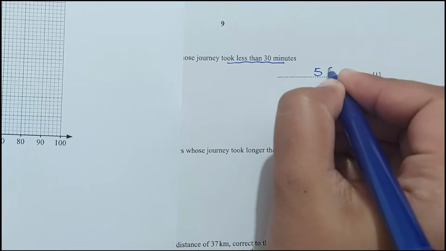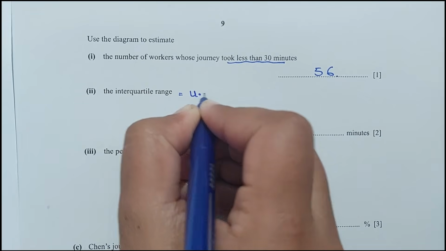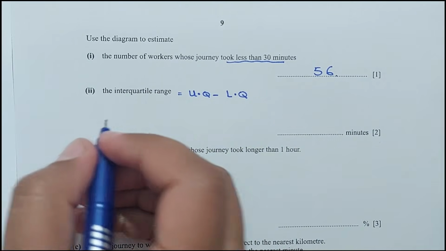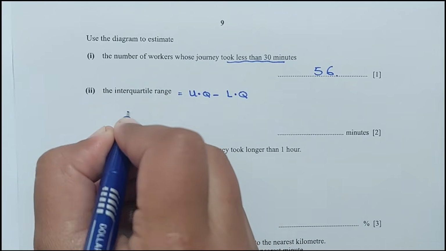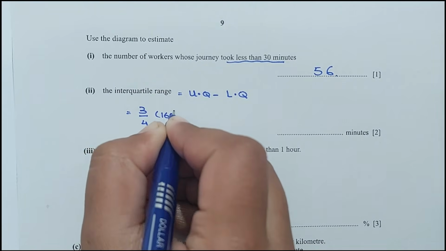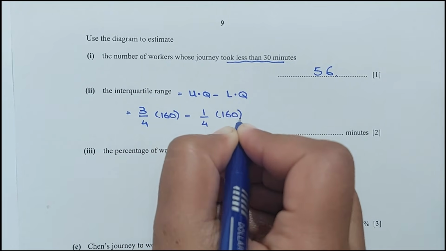So 56 workers. Number 2, the interquartile range, which is the difference between the upper quartile and the lower quartile. So let me work on the upper quartile. Upper quartile is 3/4 of the value, which is 160, and the lower quartile is 1/4 of the value, which is 160, right?